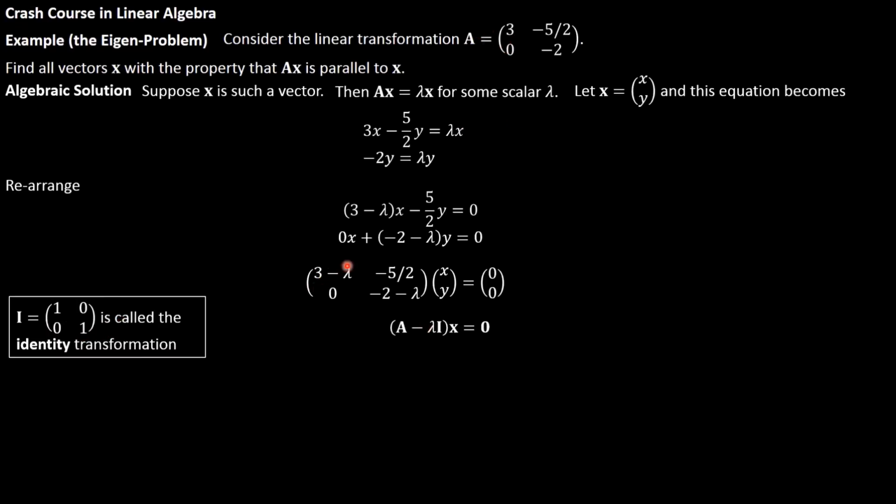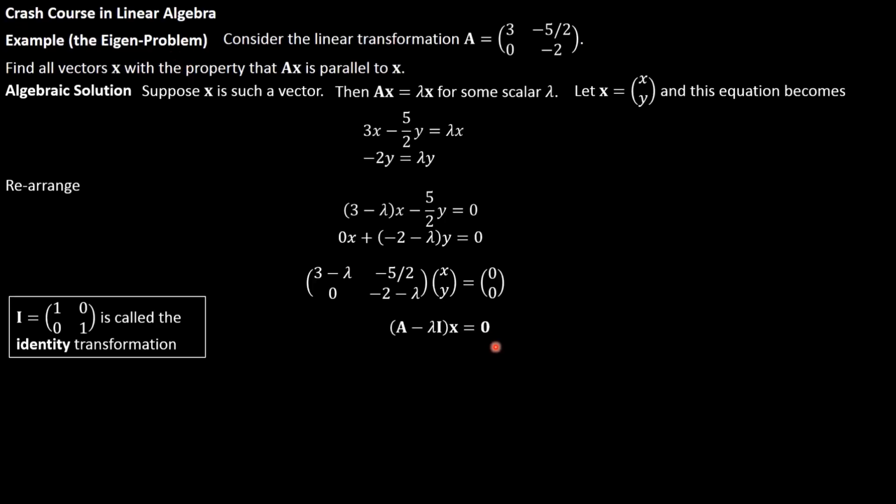So this matrix is just A with lambda subtracted along the diagonal, which you can cleverly rewrite as A minus lambda I, where I is the identity matrix. So (A minus lambda I) x equals 0. So we conclude that in order to solve the eigen problem, you need to solve this problem.